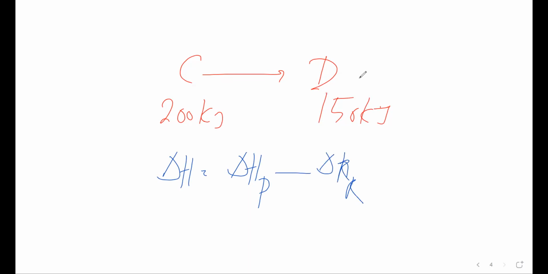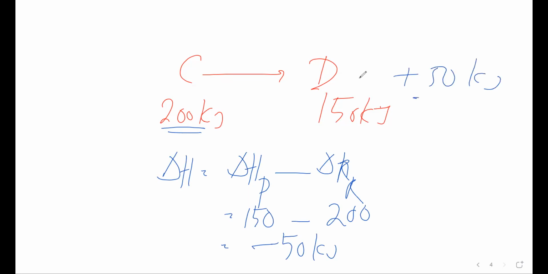The value for the product is 150, and for the reactant 200. Therefore, the answer is minus 50 kilojoule. So this is how energetic values are given.